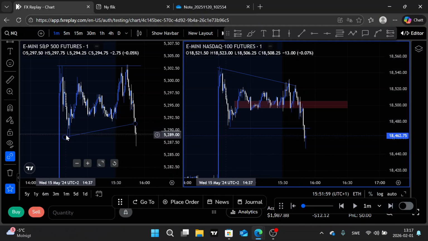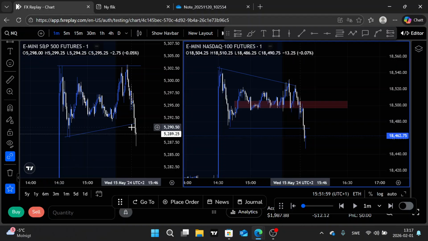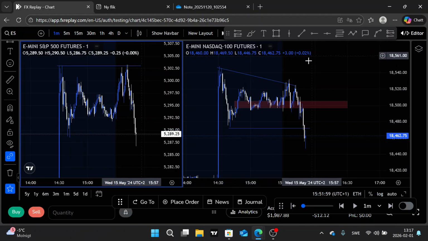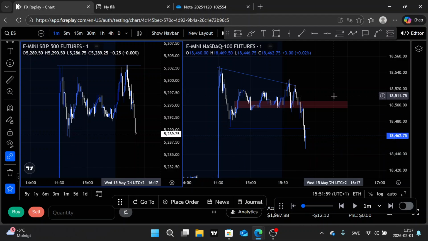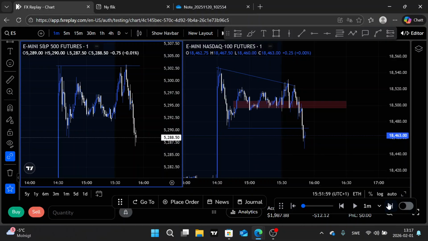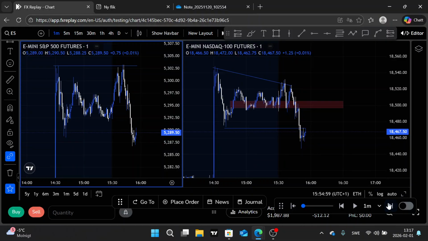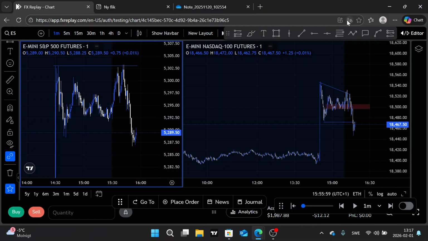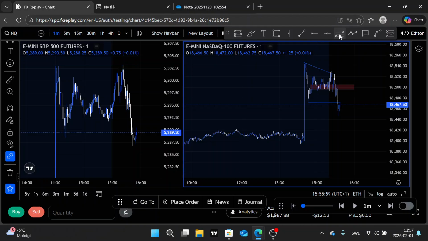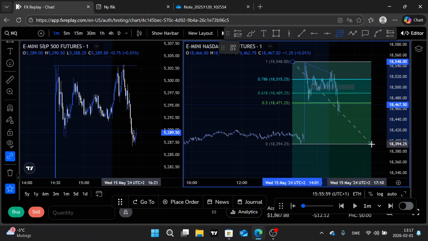Now we took this sell side on ES too. We don't have any, what is it called? We don't have any bullish SMT here right now. But where did we go? We went to equilibrium of this huge candle or move.